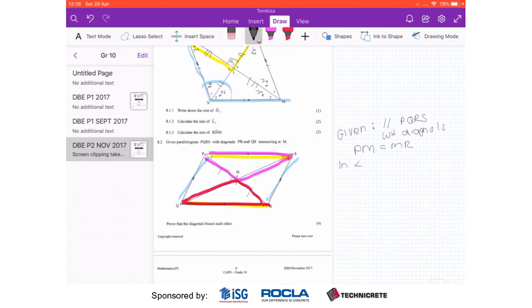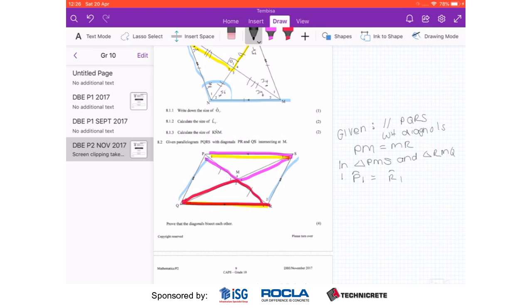So in triangle PMS, we're basically proving that the triangles are congruent. And triangle RMQ. So the first statement is that angle P1 is equal to angle R1.